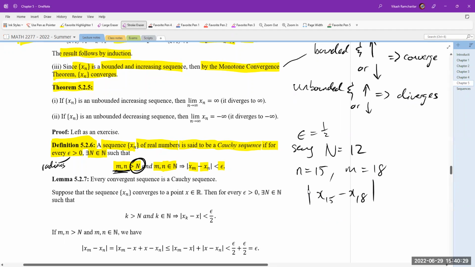So it doesn't matter which way around you do the difference. This distance is going to be less than epsilon. That's what it means. So it's almost convergent, but not quite there. That's what a Cauchy sequence is.